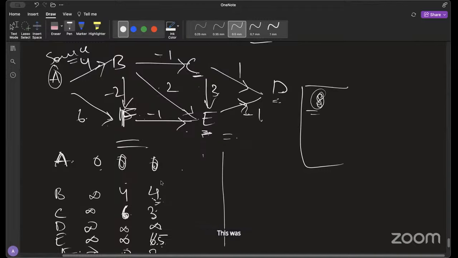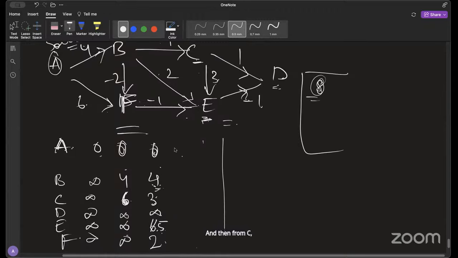This was level 1, level 2. This is 1, 2. So you must be here then. And then from C, you can update this 4. So this remains same 4. From C, you can update E.